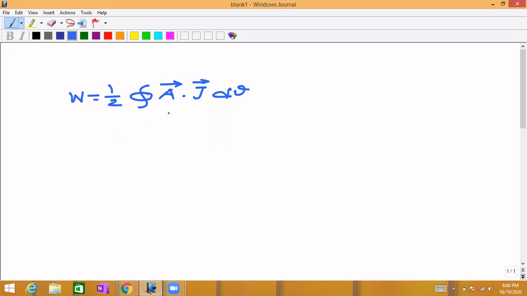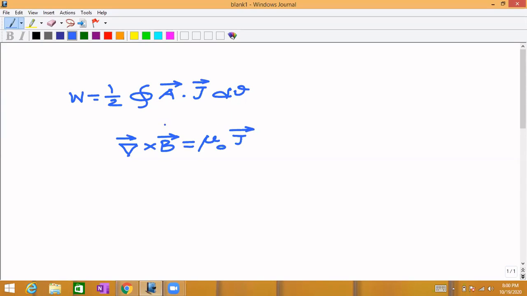A very important relation. It is curl of B equal to mu naught J vector.